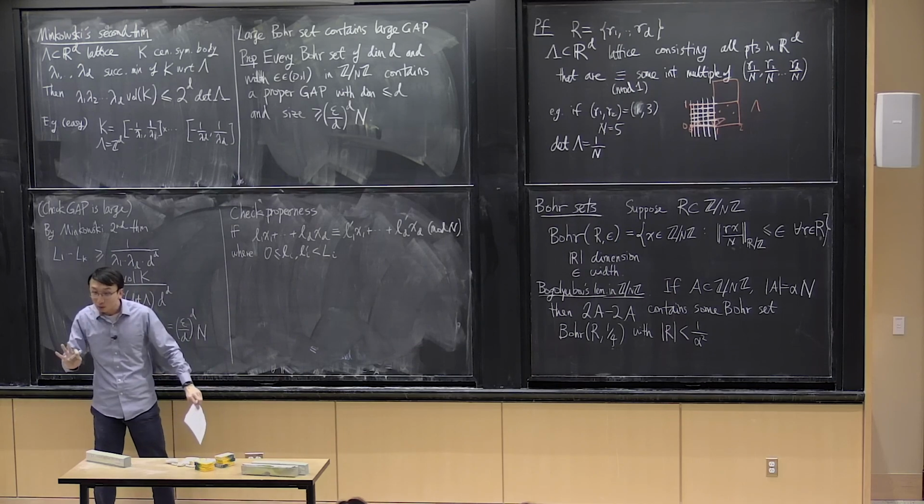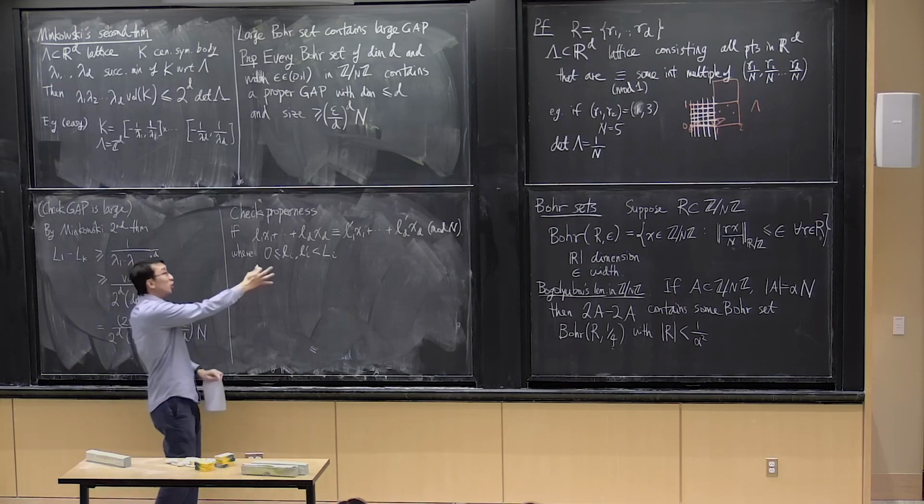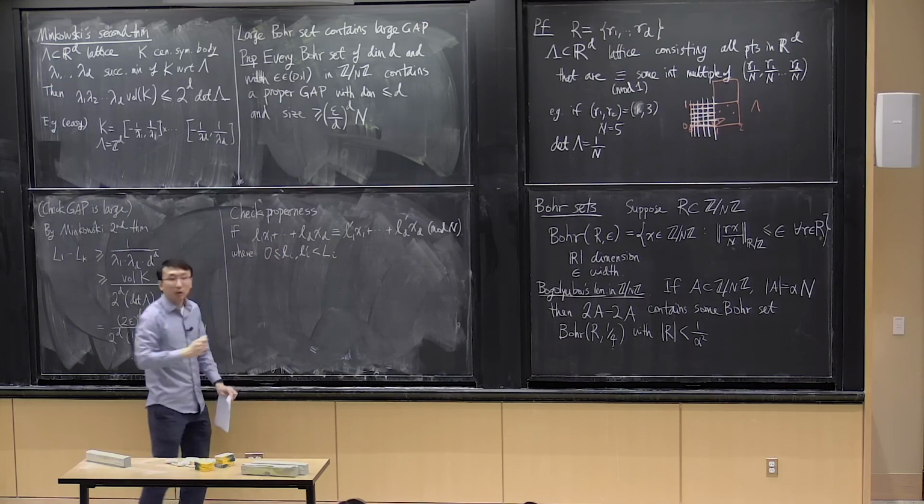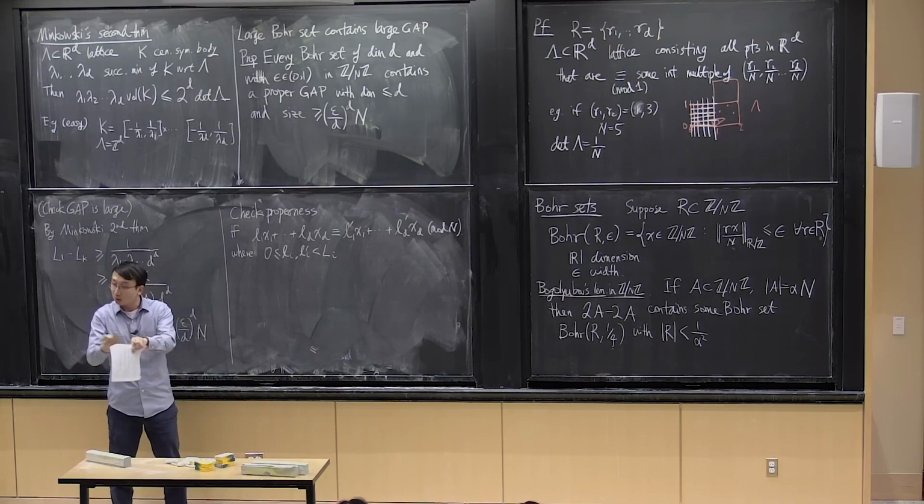To check that it's proper, since we're in Z mod n, we just need to check that if this holds, then all the little l's must be the same as their primes.